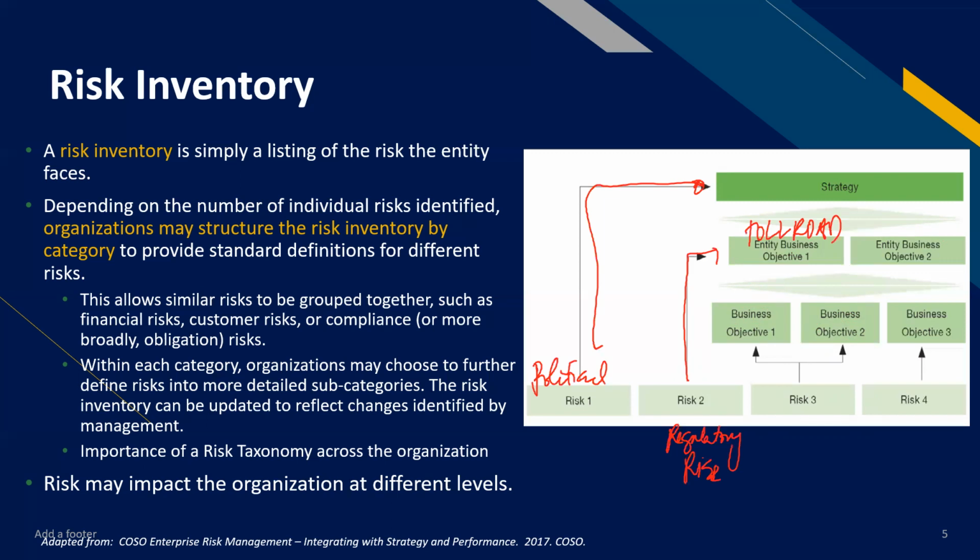Pag may political risk, ayaw ka ng presidente, right? Kahit anong gawin mo, lahat ng strategy mo might be curtailed. So any business unit is affected, right? So it affects strategy directly. No, regulatory risk, of course, is present in toll roads. So it affects business unit objectives directly.